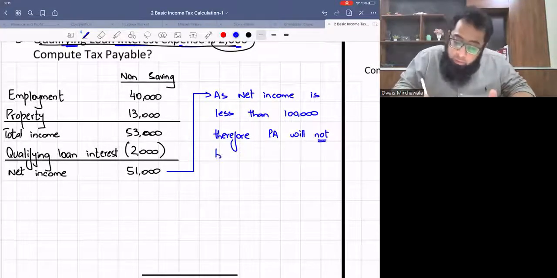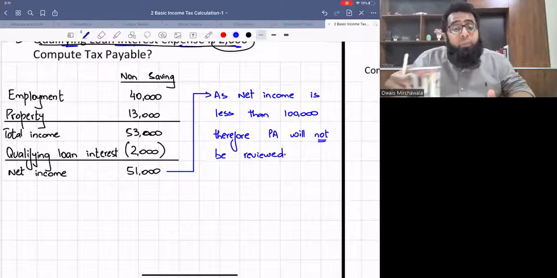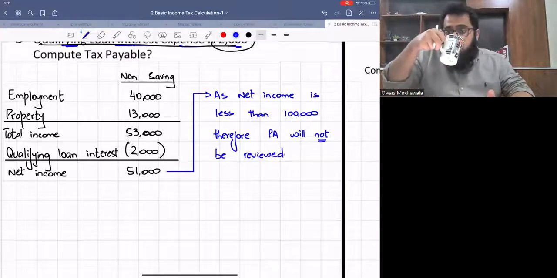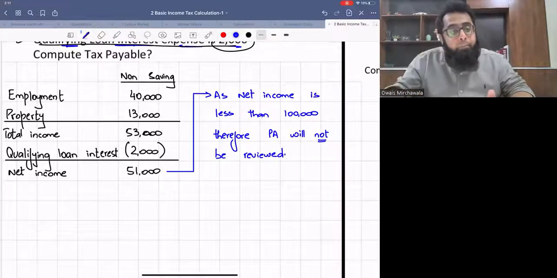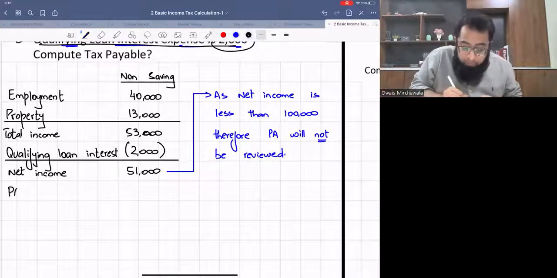Okay, it will not be diminished. We will get the whole personal allowance of 12,570.